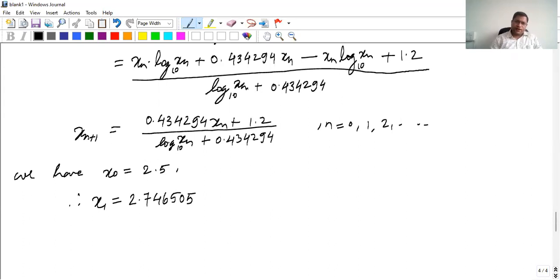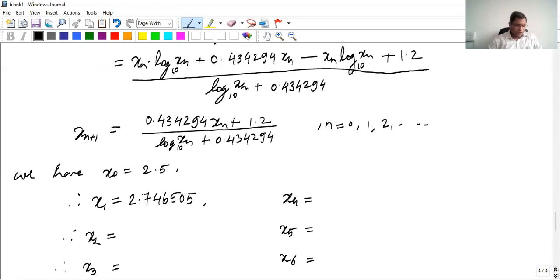In this expression, you have to put this value of x. When we put n is equal to 0, that means this will be the first approximation, and here we have to use x0. Are you getting this first approximation?